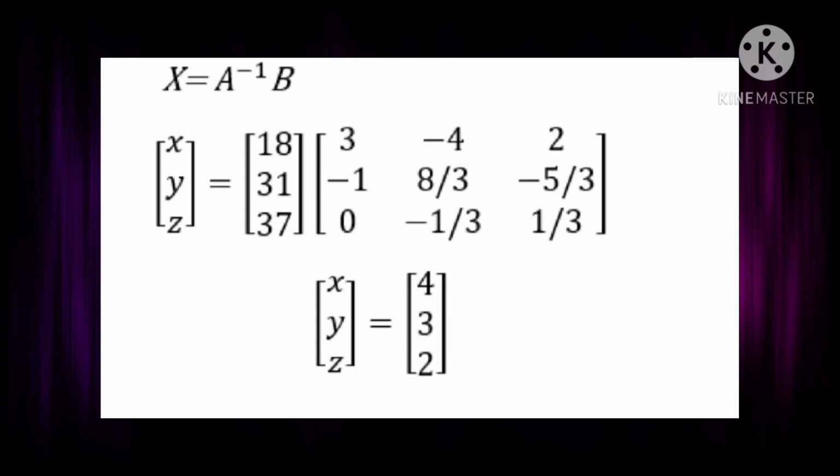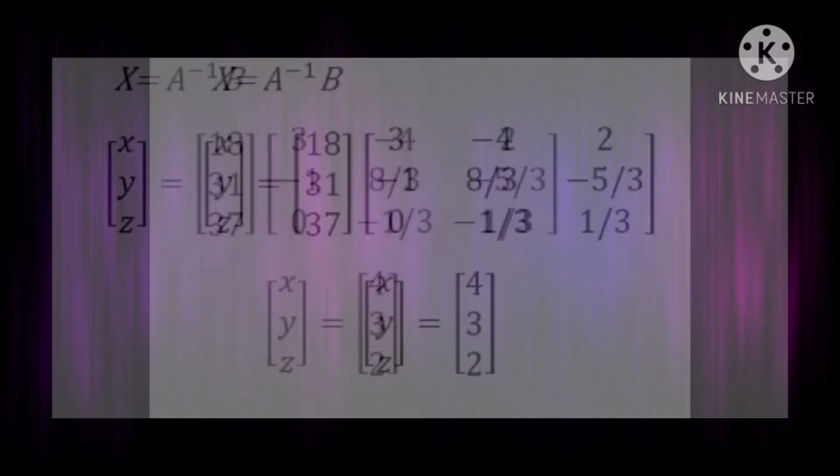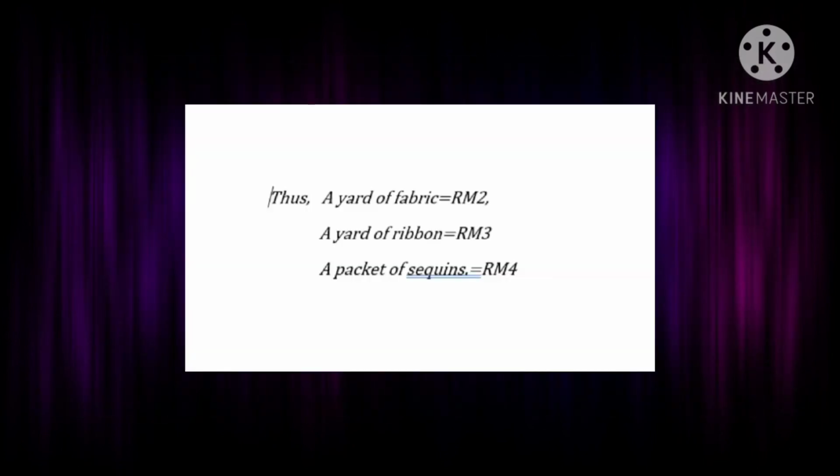So we will get x equals 4, y equals 3, and z equals 2. Thus, the conclusion is a yard of fabric is 2 ringgit, a yard of ribbon equals 3 ringgit, and a packet of sequins equals 4 ringgit.